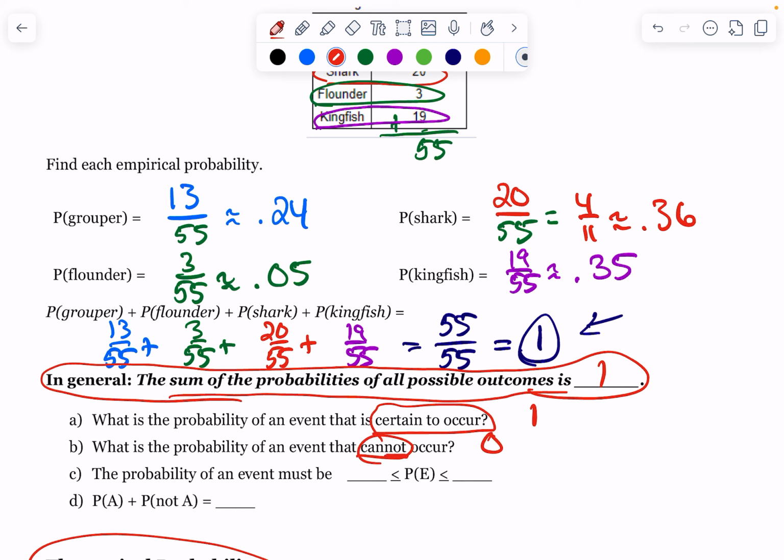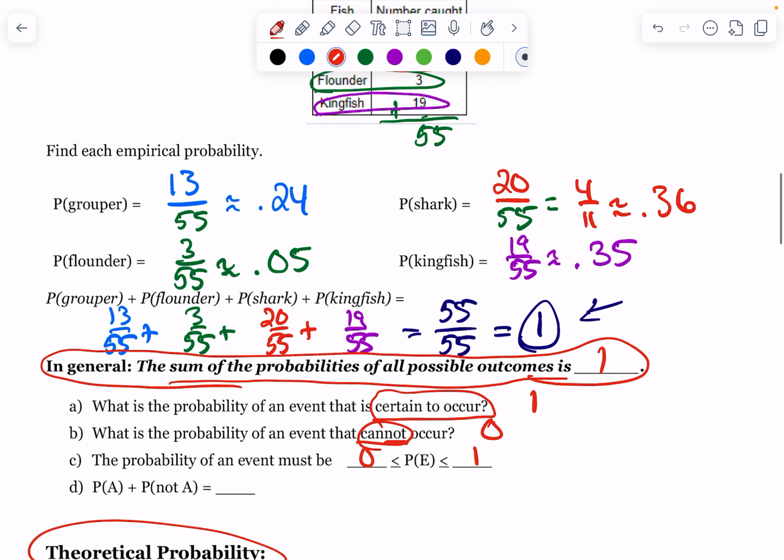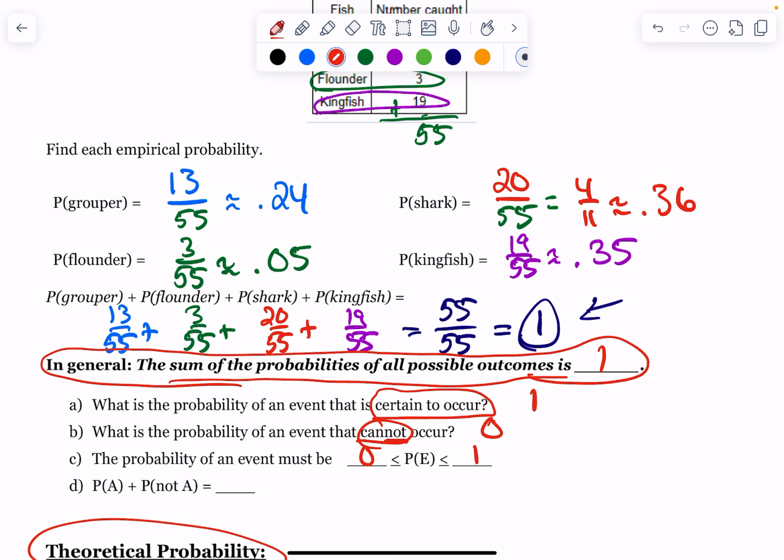So the probability of an event must be between 0 and 1. And if we add the probability of the event plus the probability of not the event, it's going to be 1. And again, like I mentioned, these two are complements of each other. We call them complementary.